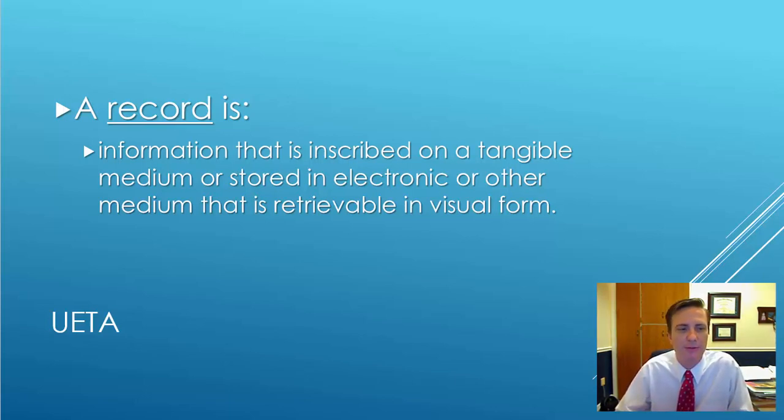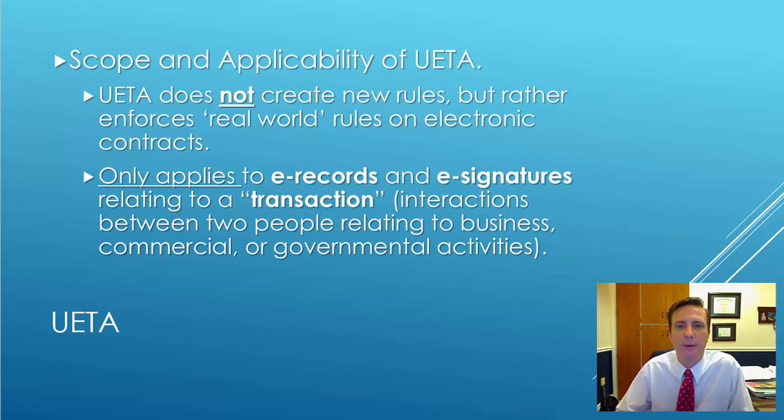So what does the UETA apply to? Well, it does not create any new rules for online contracts. Instead, it says, okay, all the real world rules, the physical world rules apply also in electronic contracts. And notice it only applies to e-records and e-signatures that relate to a transaction. And so it has to be a transaction.